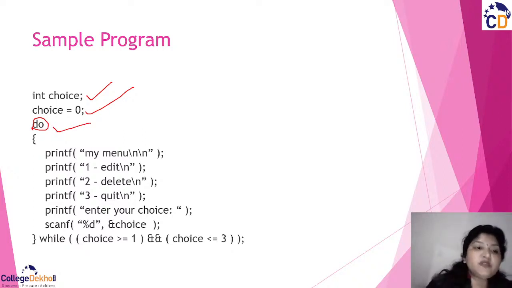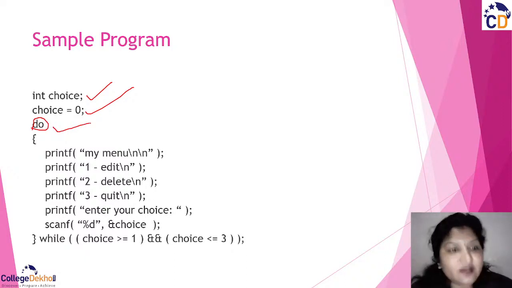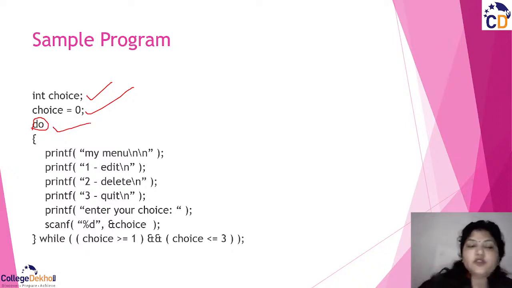So do while loops are post-test conditions and they execute a number of statements. Let us see the number of things in this also. You have a menu, like you are printing one message, that is the menu, right? So I have taken printf for my menu.